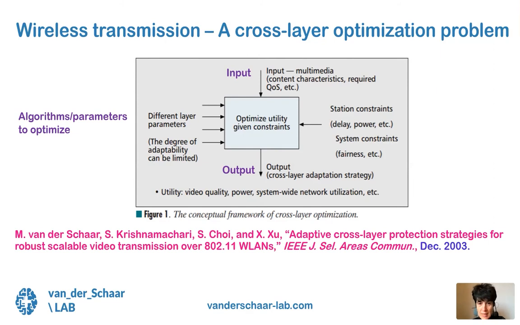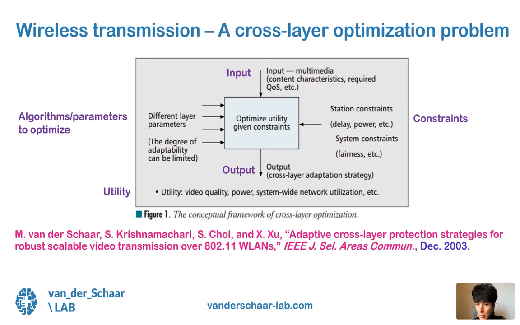So we formalize this as an optimization problem with the utility defined by the user, and where given the input, we are going to determine the optimal algorithms and parameters to be selected across the different layers of the protocol stack. This optimization problem has also various constraints.